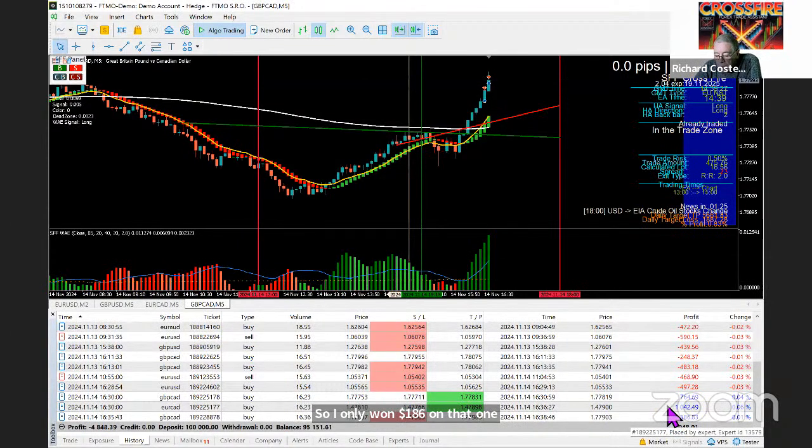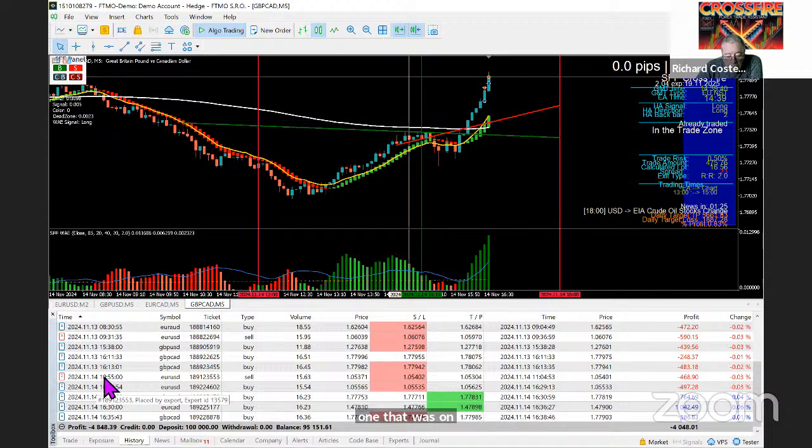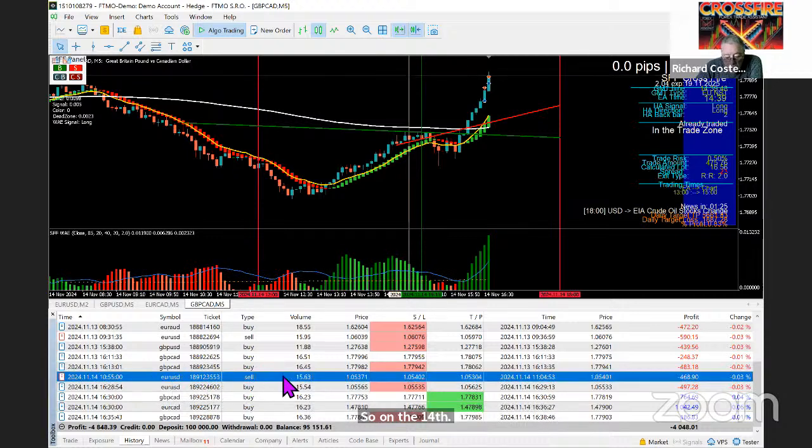The main one was the $1,000 that went full. And then I hadn't noticed that one, but that was another one that was on. It's taken a couple of others that I hadn't noticed as well. So on the 14th, I've got 3 losses and 2 wins.